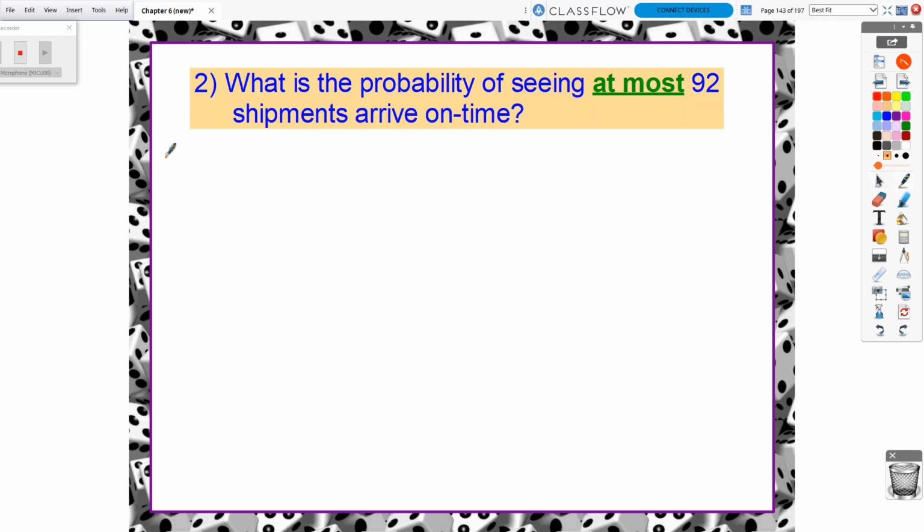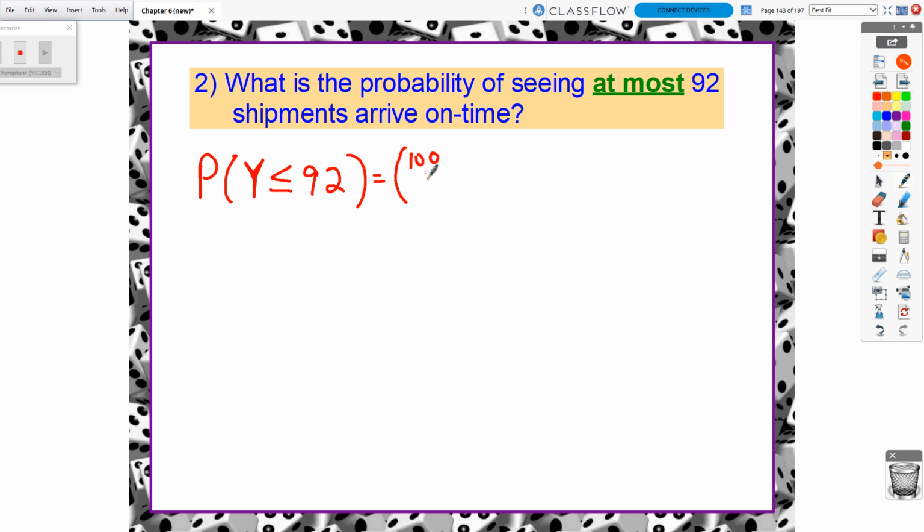All right, so first let's start with number 2 here. What is the probability, and we're still dealing with the random variable y, of seeing at most 92 shipments? So really at most 92 means we're not going to exceed beyond 92. So we want to see 92 or fewer happen. Now, we're also going to write out the work here. So we could start with really the 0 scenario.